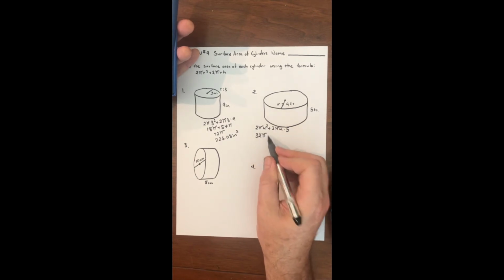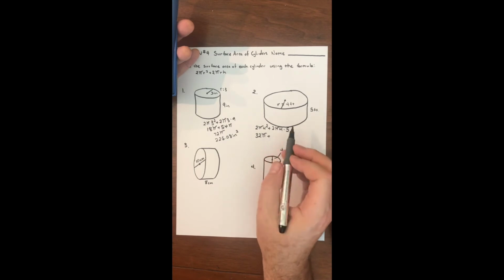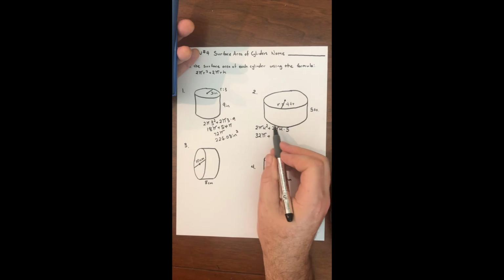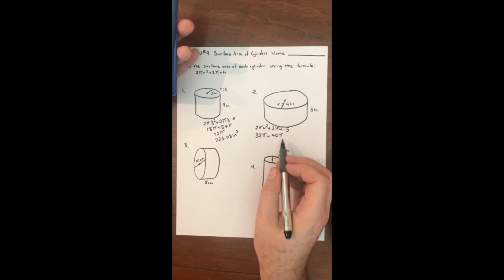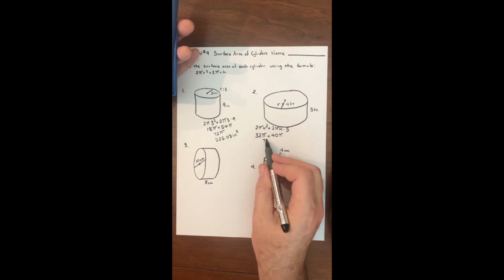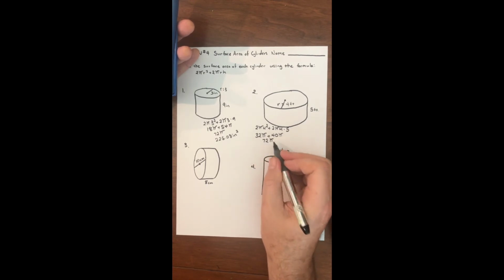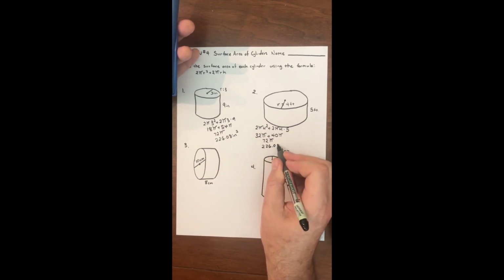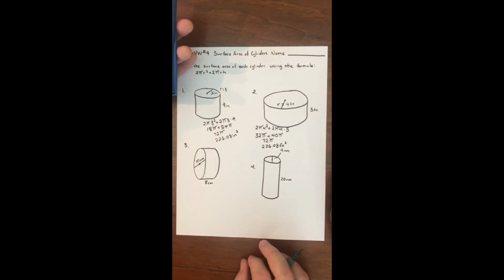So I have 32 pi. Now I have 4 times 5 is 20. 20 times 2 is 40. 40 pi and 32 pi. So 40 and 32 makes 72. Whoa, 72 pi. That was not intentional. So I already know my answer is 226.08. This time it's feet, and that's squared. That was fun.